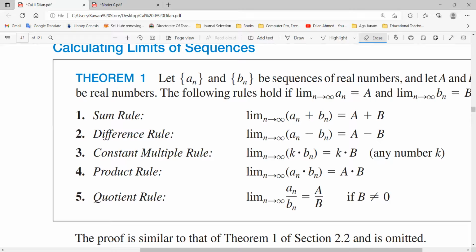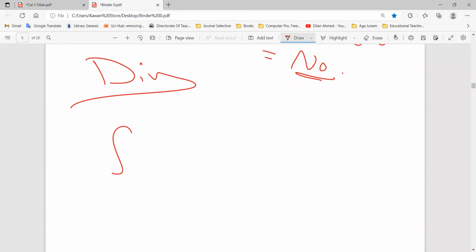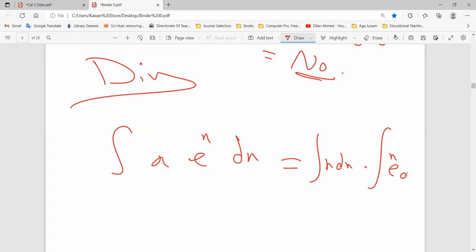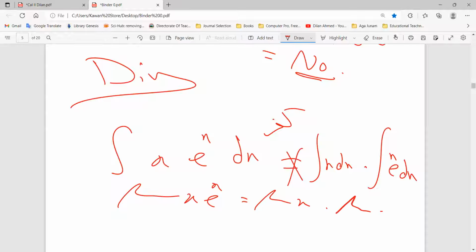For example, if we have an integral of x times e to the power x, we couldn't say the integral of x dx times the integral of e to the power x dx, right? You remember. But for the limit, yes, you can do it.